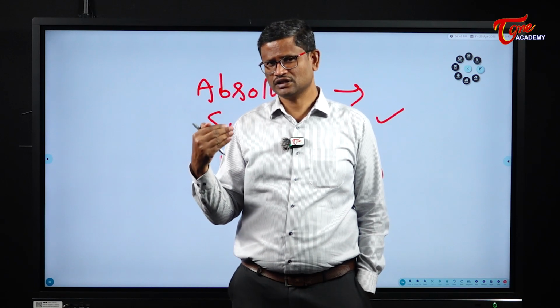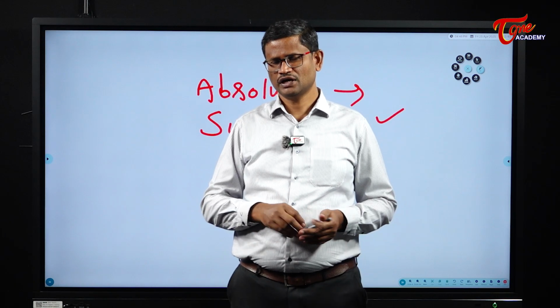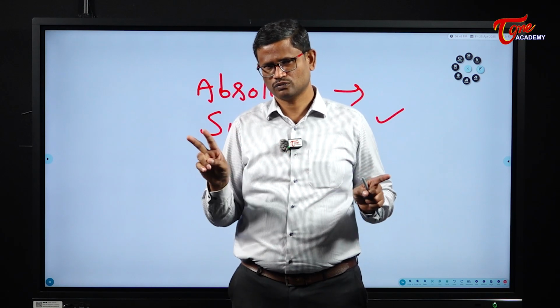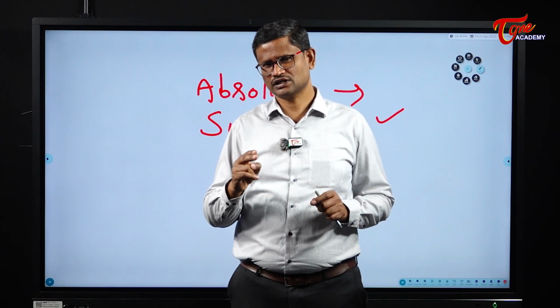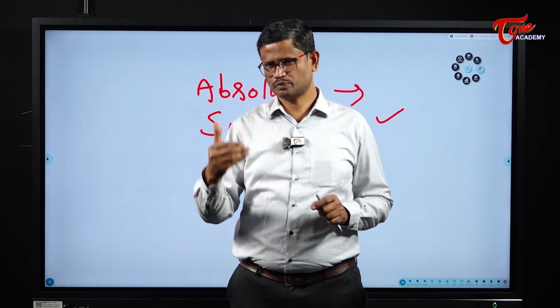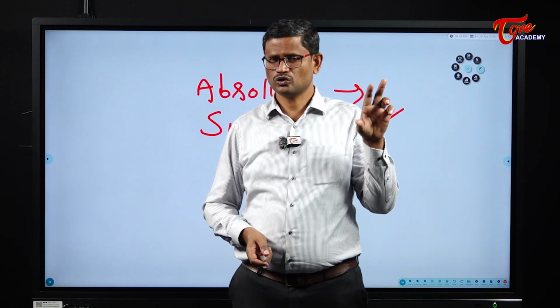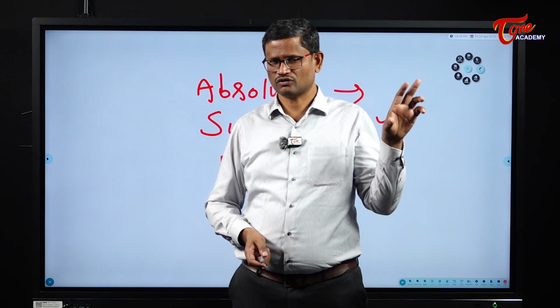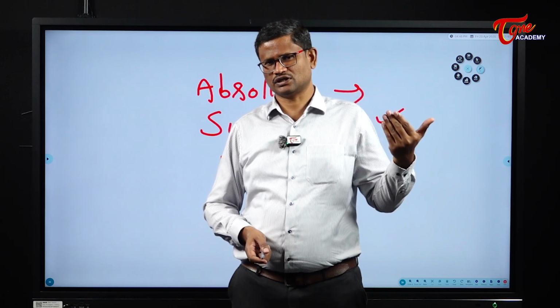After reconsidering the bill, if it again goes back to the President for the second time, the President now cannot say no. So the President can say no only in the first instance. The second instance he cannot say no. That is called suspensive veto. So an ordinary bill passed by the Parliament, if it goes to the President, he can say no once. He can send it back to the Parliament for reconsideration.